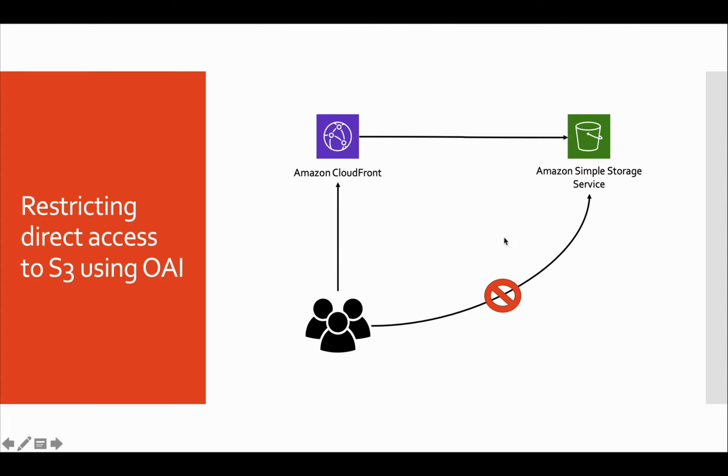That policy will only allow requests from CloudFront, so if anybody directly tries to access the Amazon S3 bucket, that is restricted. And this is how we restrict direct access to S3 with the help of Origin Access Identity.